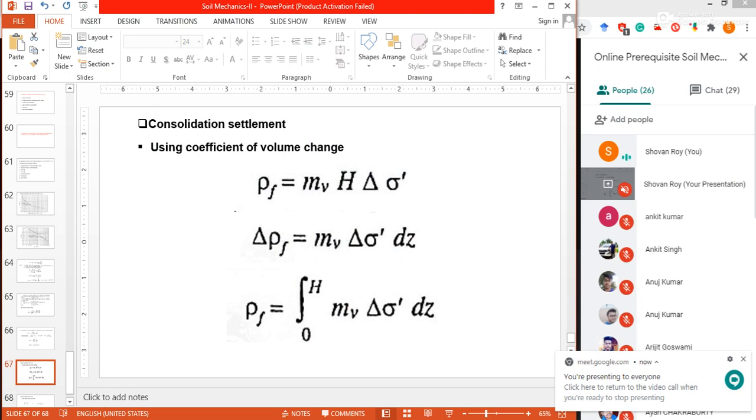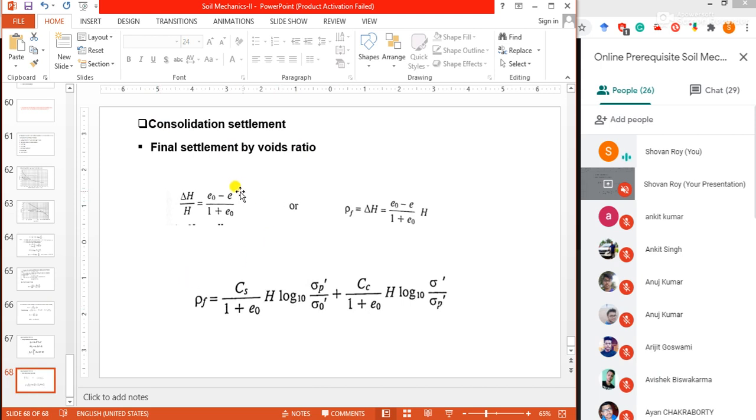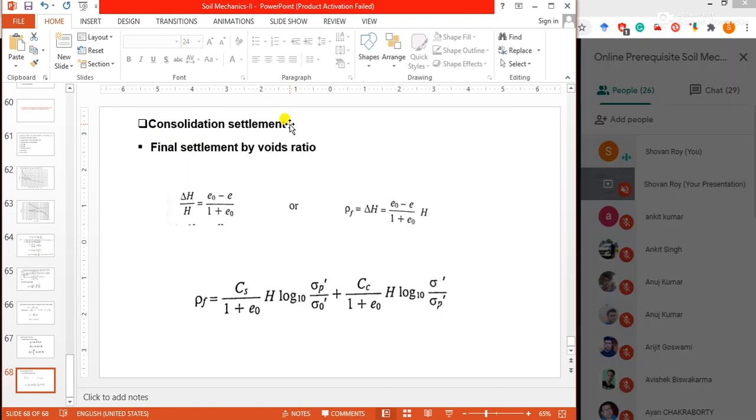One is using coefficient of volume change, and another method is final settlement by void ratio. Using these two methods we can find the consolidation settlement. Finally we have to calculate it, because it is necessary to know how much settlement is occurring for my soil. This is important.